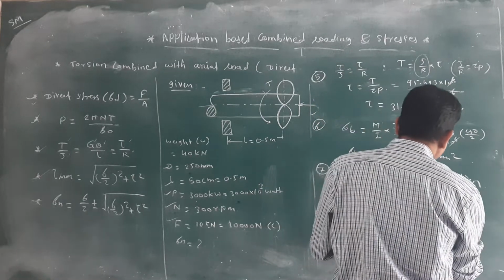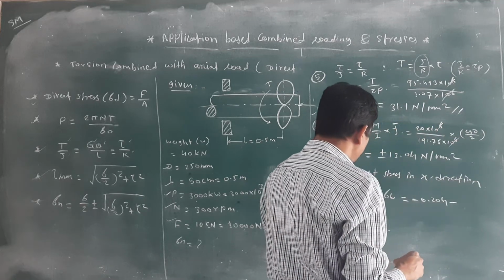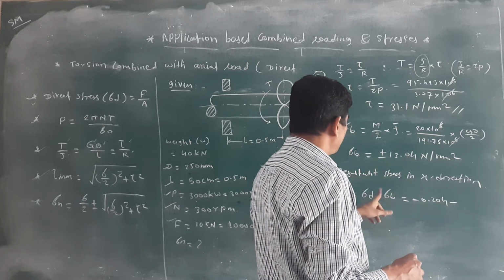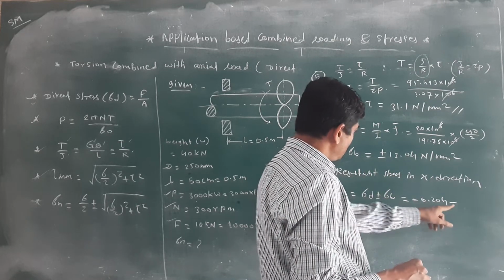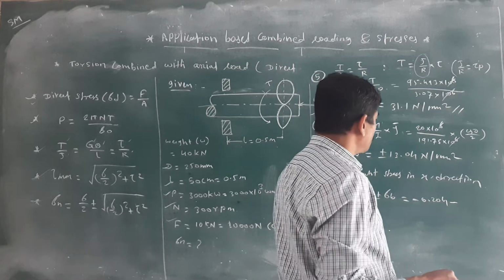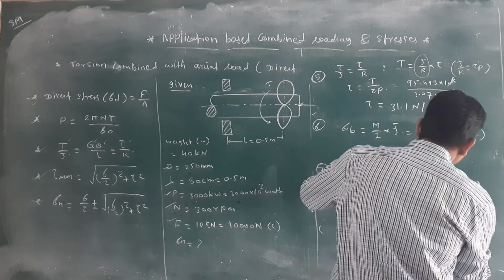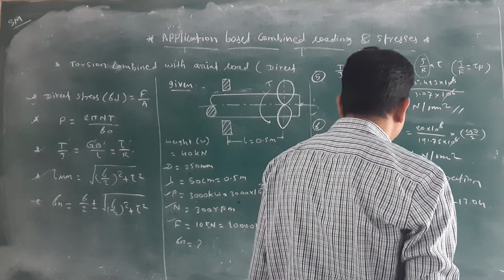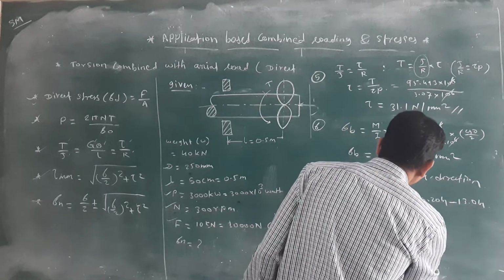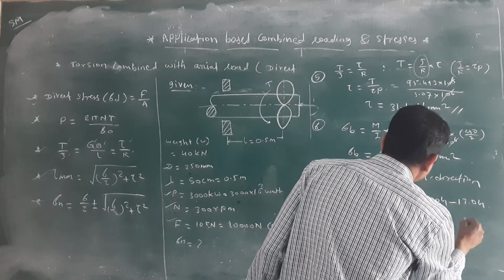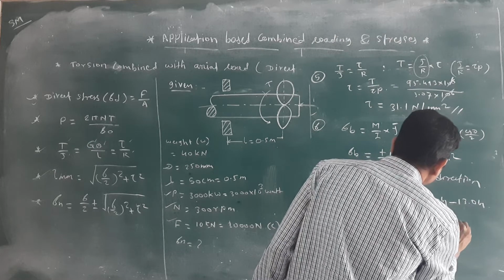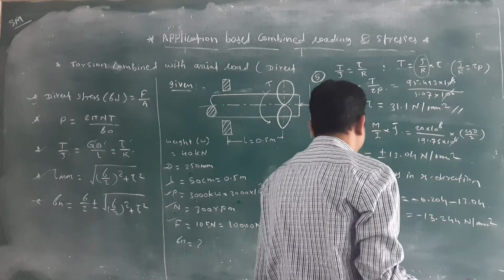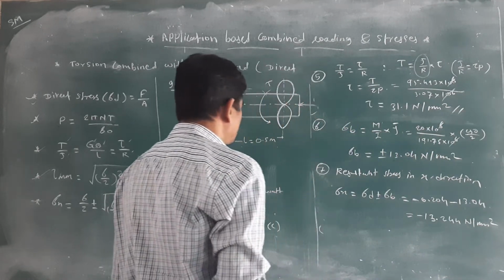We don't know the nature of the bending, whether compressive or tensile. We will first consider the compressive nature of the bending. That's why you will get 13.04 Newton per mm square, and you will get the value minus 13.244 Newton per mm square. This is the resultant stress in x direction.